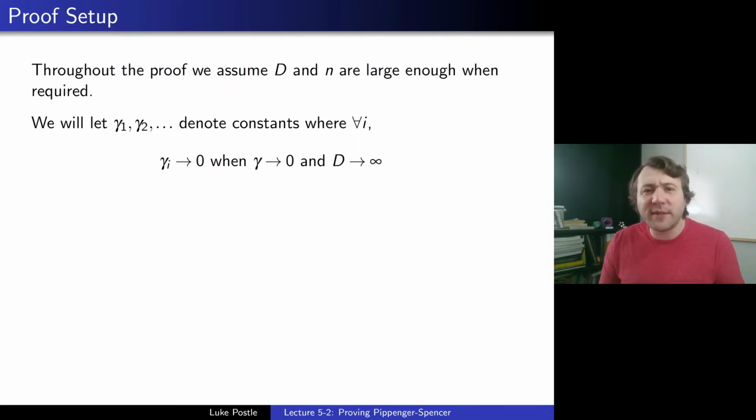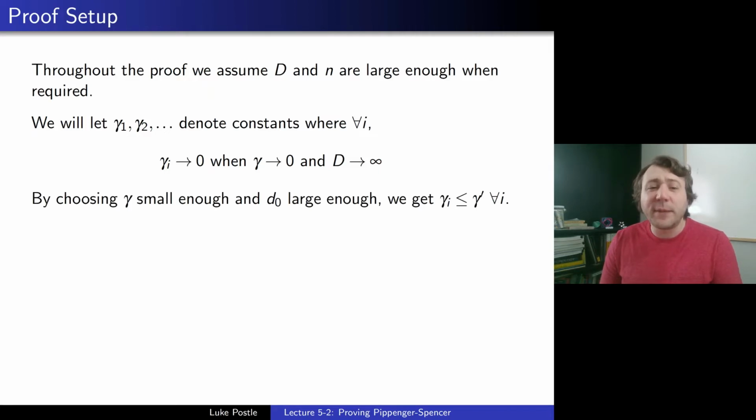That's the purpose of these gamma i's, because by choosing gamma small enough and D0 large enough, which also lower bounds the degree, we'll get for free that the gamma i's will be smaller than gamma prime. There would be some choice of gamma which makes all of the irregularities that we'll be tracking smaller than the gamma prime, the one we're allowed to tolerate. So it's just a kind of notation to say that these indeed are such functions.